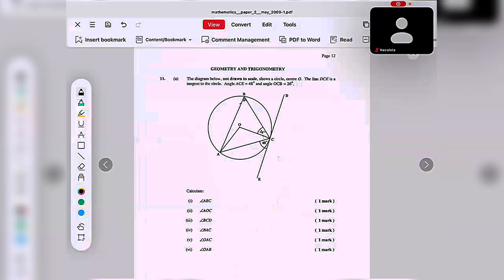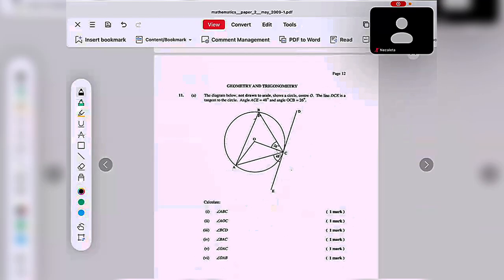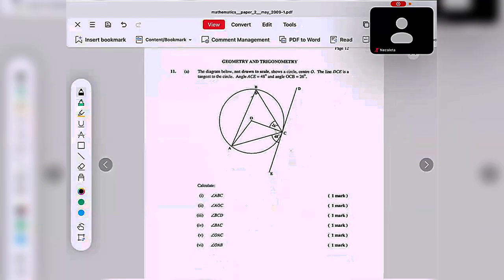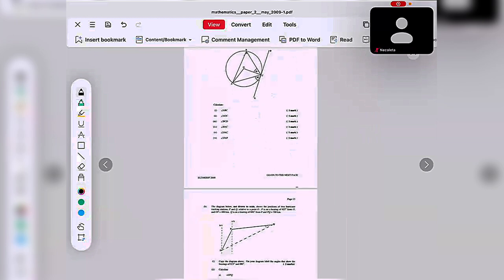I did clueless because my favorite question was what is coming up next. Well, this was my favorite question. Circle theorem, that was my baby. I remember doing this question, and I also remember doing this one as well. But I don't think I chose functions. I chose question 11.